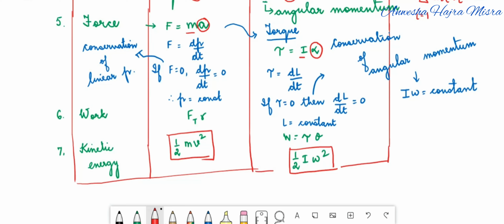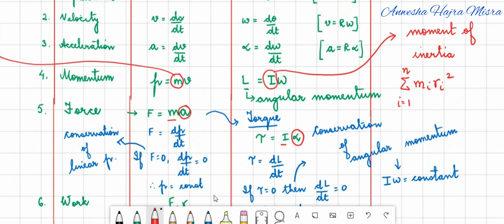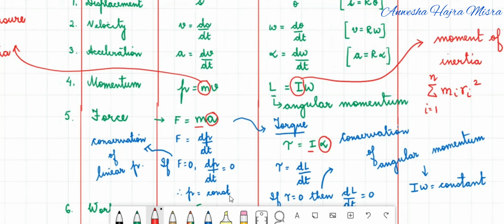Now in rotational motion, what will be troubling us is this I factor. Everywhere we have to calculate I and then do the sum.